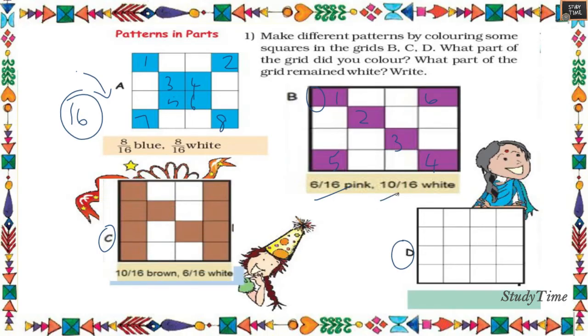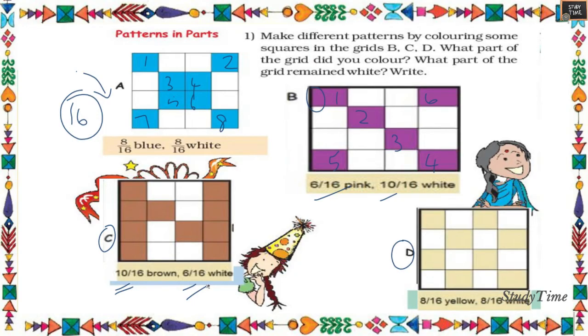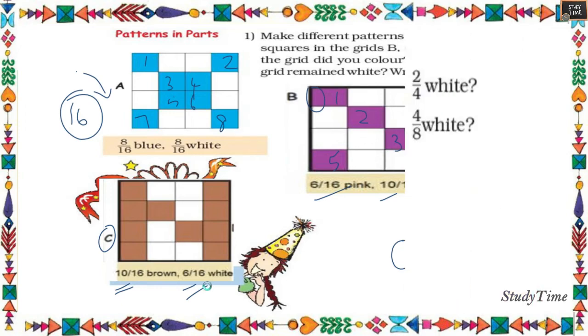Next here, this is a pattern. So 10 by 16 is brown color, 6 by 16 is white color. Next, this is another pattern where you will be getting 8 by 16 is yellow and 8 by 16 is white. Similarly, you can also draw your own pattern and write down the fraction part of it.